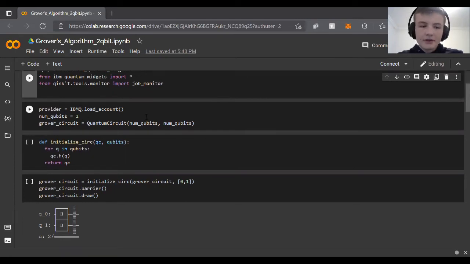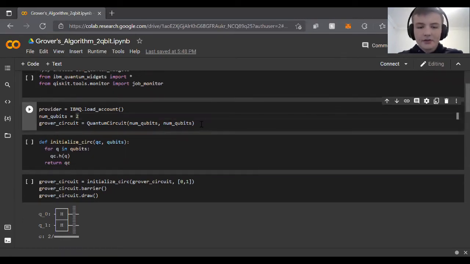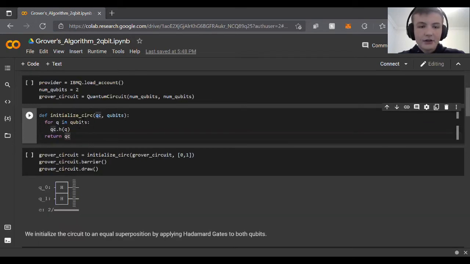We define our number of qubits, in this case 2, and then our Grover circuit as a quantum circuit with an equal number of classical bits and quantum bits, qubits. For each of our qubits in the algorithm, we will apply Hadamard.